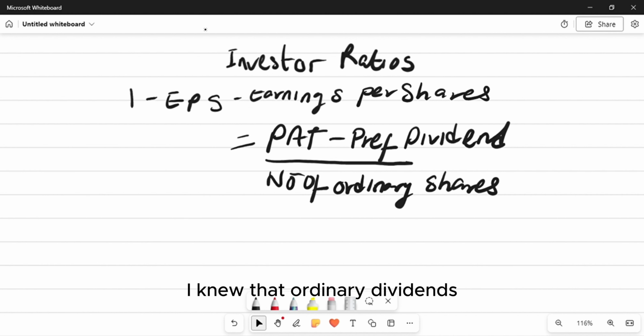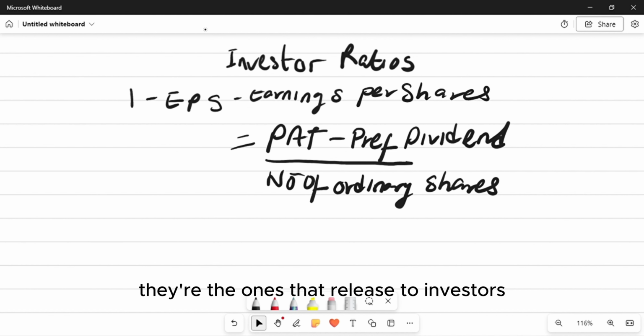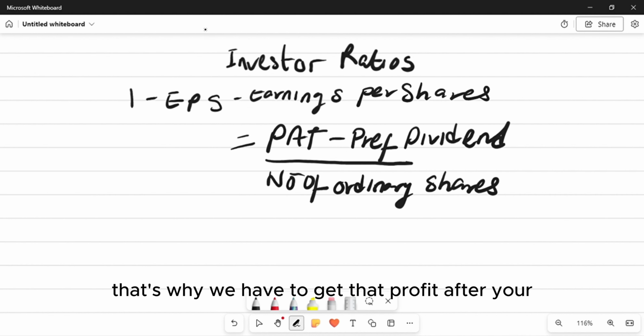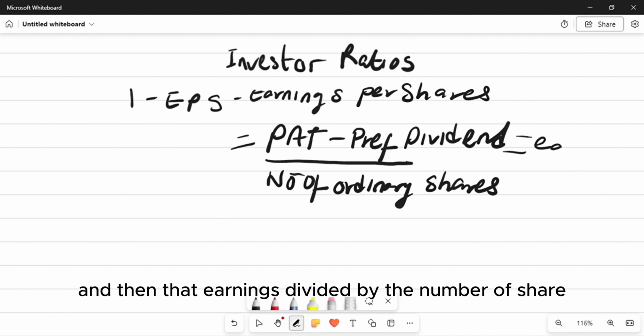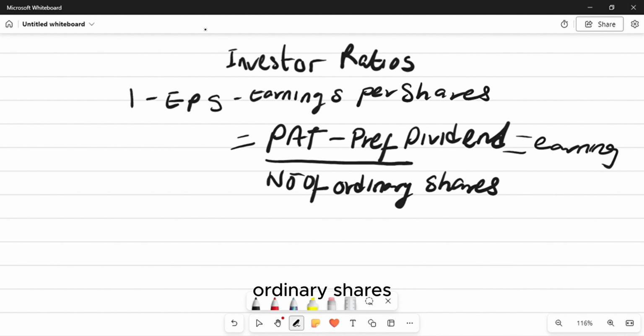And you know that ordinary dividends are the ones that relate to shareholders, to investors. So that's why we get the profit after tax and preference dividend, and what you get is what you call your earnings, and then that earnings is divided by the number of ordinary shares.